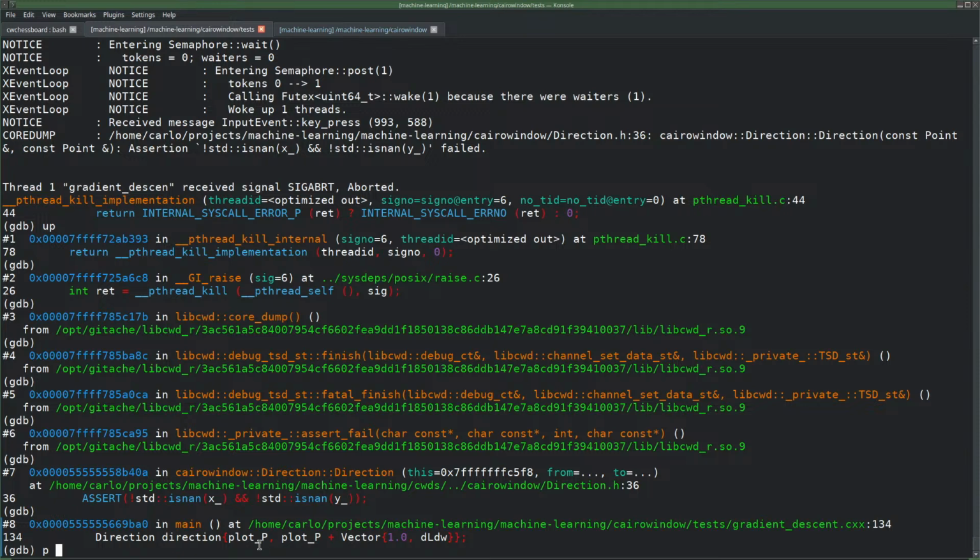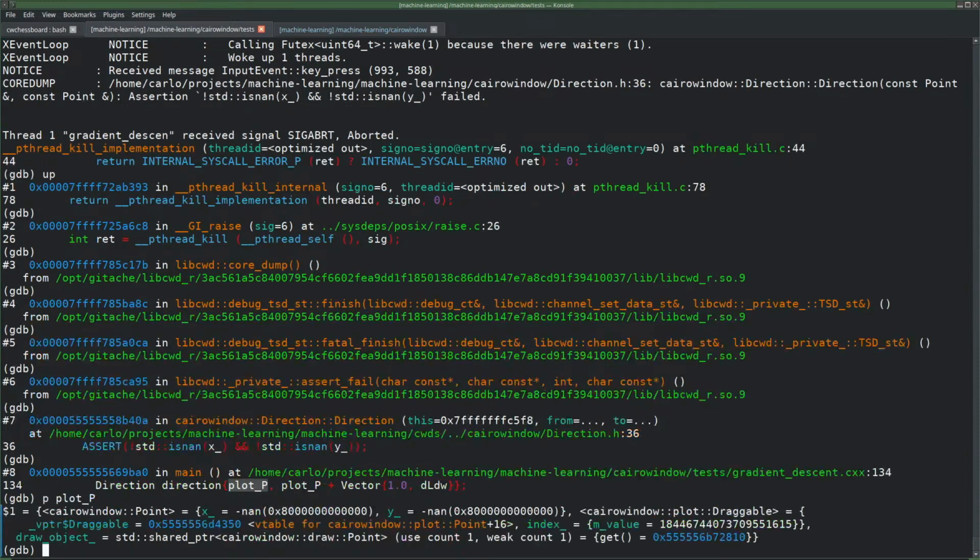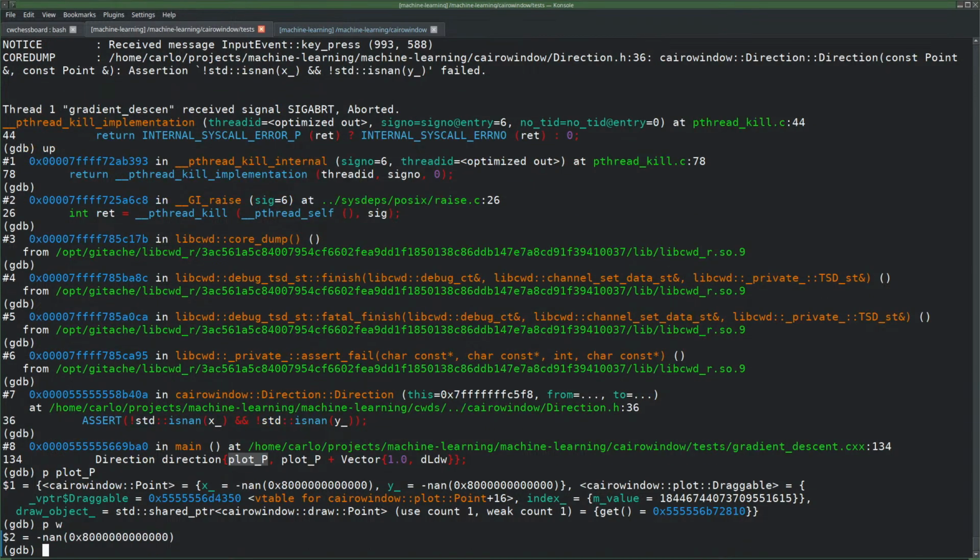Of course, plot P is still... Oh, the x and y values are not a number already. Or the plot itself could not be calculated. Which of course means that w is not a number. Yep.